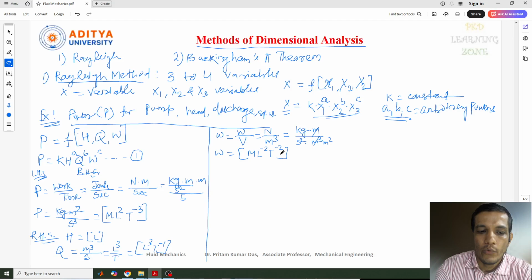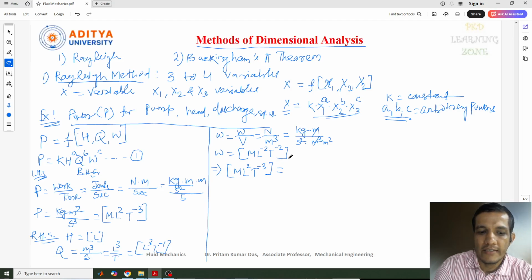Now what we need to do, we need to equate both sides as I told you as per equation 1. So now equate all these dimensions on both sides. So what dimension did we get for the power? This is power: M L^2 T^-3. And this equals, first one, k.